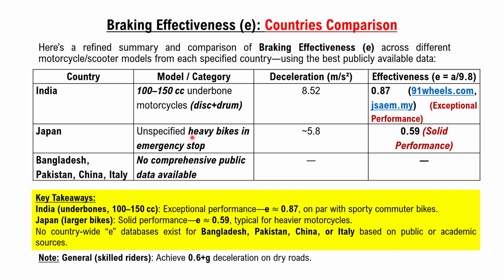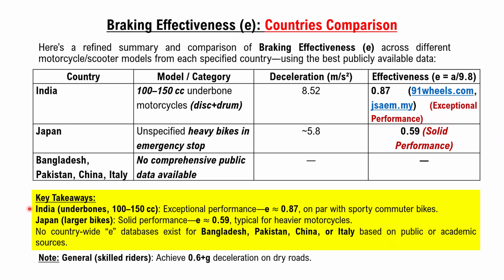The heavy bikes produced in Japan have a braking effectiveness value of 0.59, which is also indicative of solid performance. There is no comprehensive public data available related to the motorcycles produced in Bangladesh, Pakistan, China, and Italy.